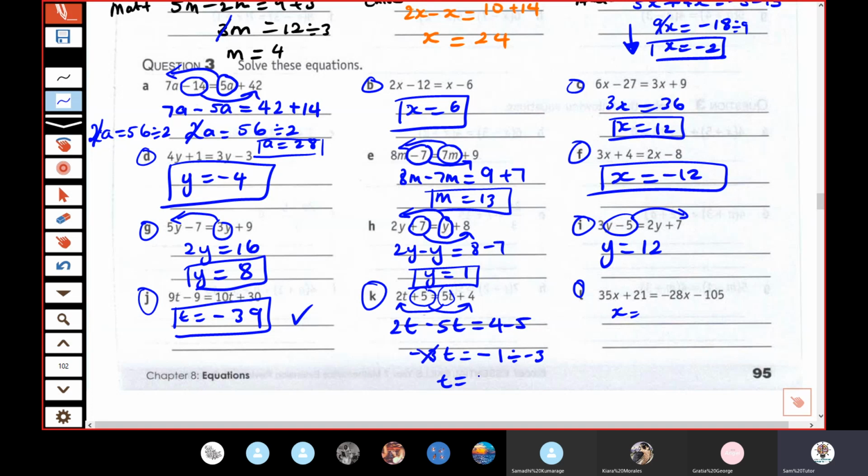Well, 1 divided by 3 is actually 1 over 3. It's not 3. Maybe you just made a mistake there, you just wrote 3. So be careful.